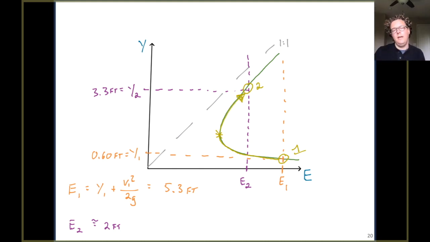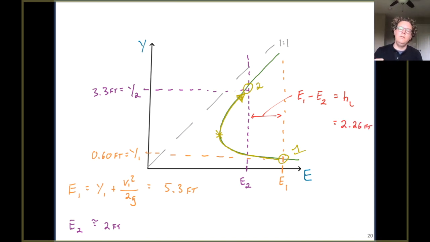Now you'll notice that I've left E2 at a much smaller value than E1. Right? What happened there, this distance, E1 minus E2, is the head loss. And so, as I calculated on the previous slide, this was about 2.26 feet.